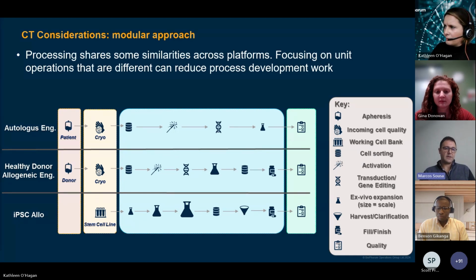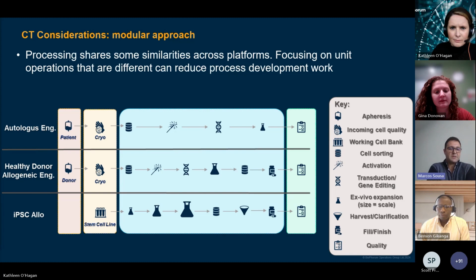In these slides, what you can see is three major examples. We have the autologous approach, in which we go from patient to the same patient. We also have the possibility of a healthy donor, and from here we can try to understand and develop an allogeneic approach. And in fact, again between commas, the more universal possibility, which is the third example, the one on the bottom, the iPSC allogeneic approach.